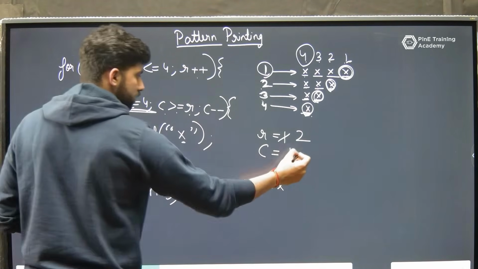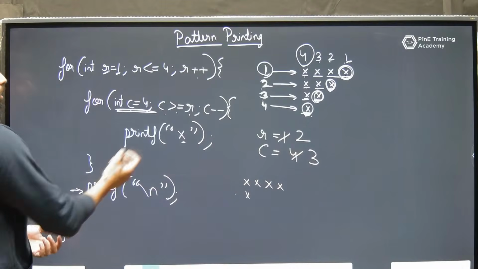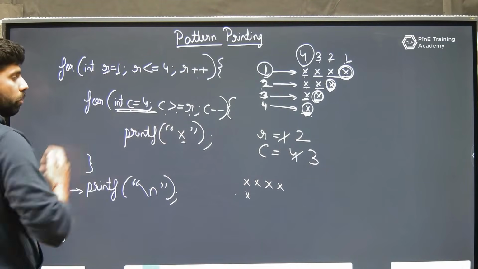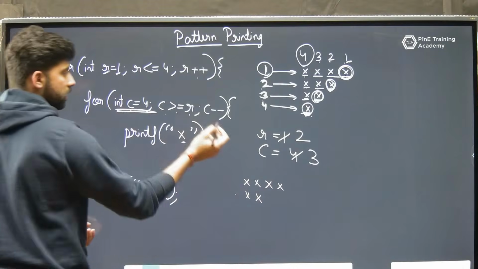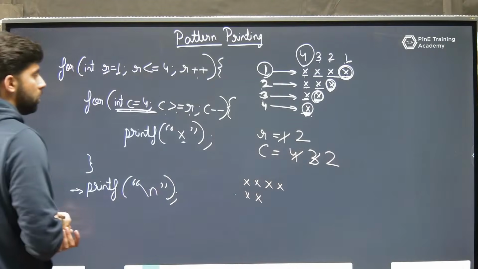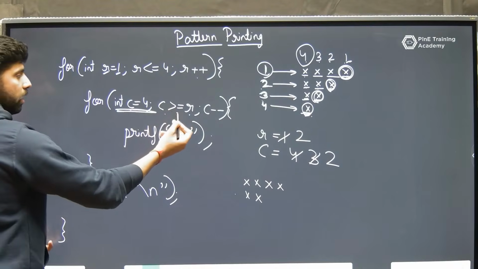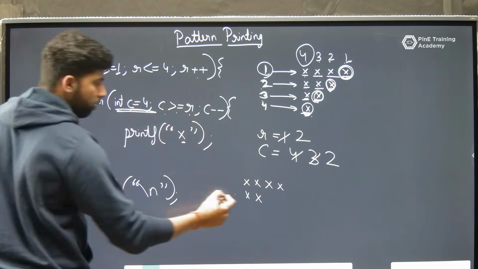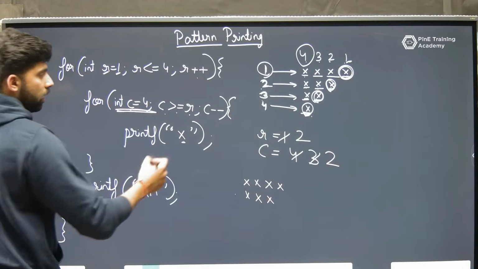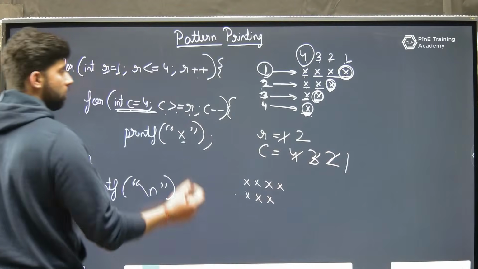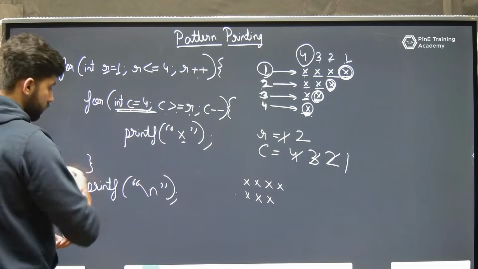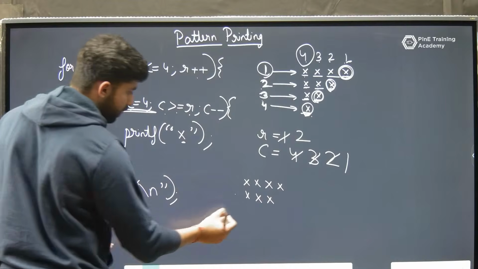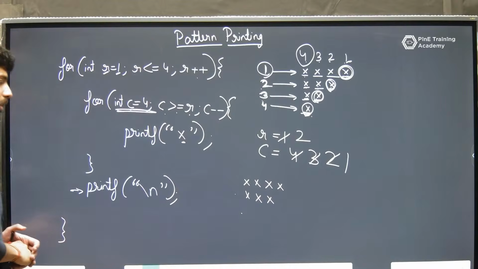C minus minus, that means we will do this, 3. 3 greater than equals to 2. It is true. Then again C minus minus. 2 is greater than equals to 2. It is again true. C minus minus, 1. Is 1 greater than equals to 2? No, it is false. That means we will come out of this loop and we will do printf and go to next line.